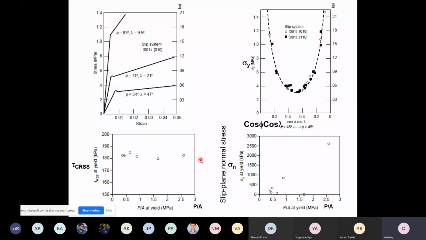Whatever way you apply your loading direction P, at a constant value of RSS plastic deformation is happening. So that is the proof. Through an experiment on single crystal, the concept of CRSS is proved.